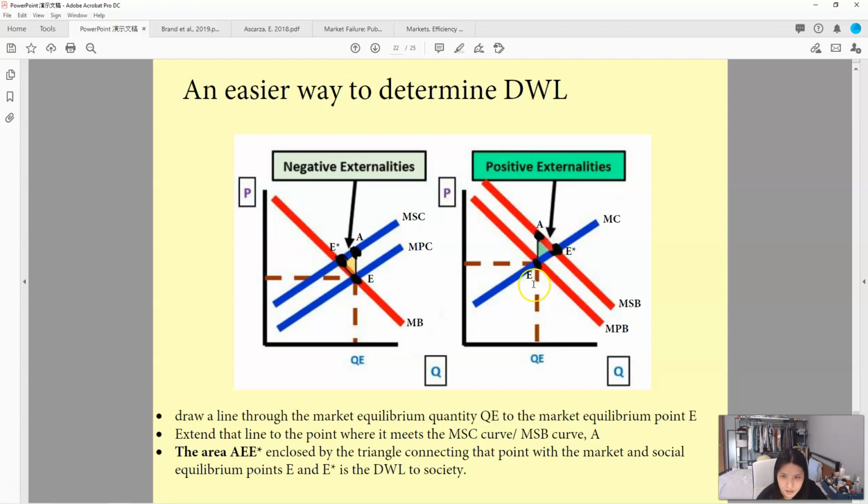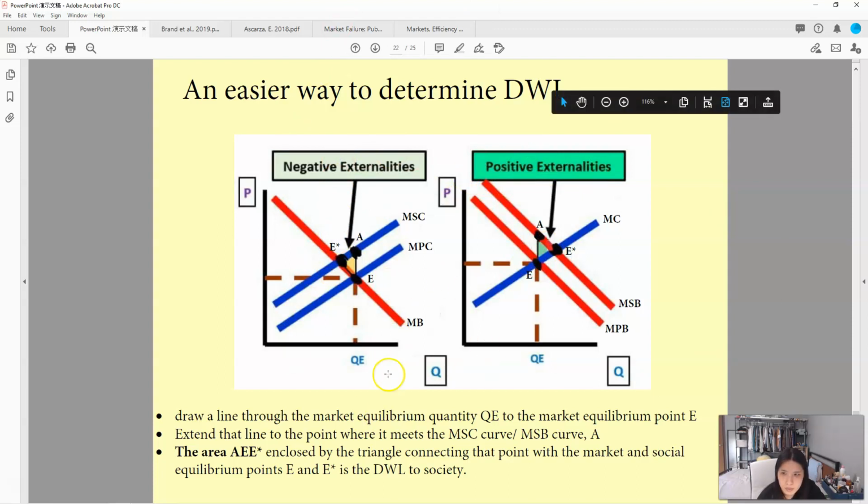We connect the market equilibrium and equilibrium quantity, extend this line to intersect with marginal social benefits at A. And then we find the social optimal level E star. We connect those 3 points. The triangle enclosed by A, E, and E star is our deadweight loss from the positive externality.